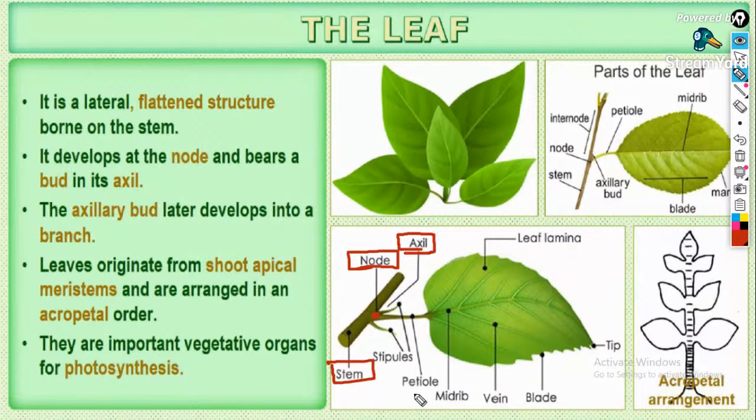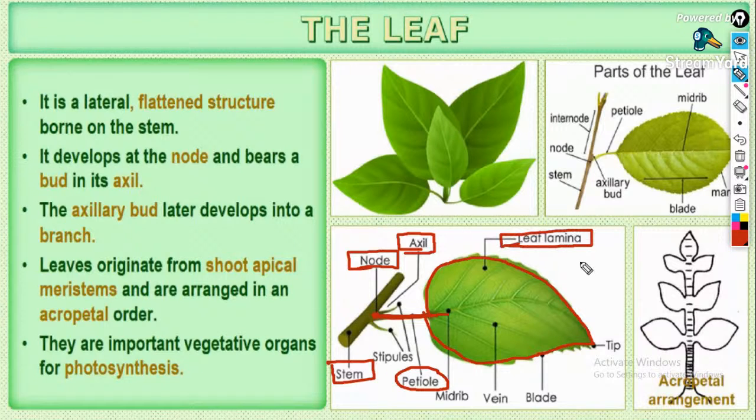The stalk of a leaf, you will call it the petiole. The large green flattened portion of a leaf, you will call the leaf lamina.